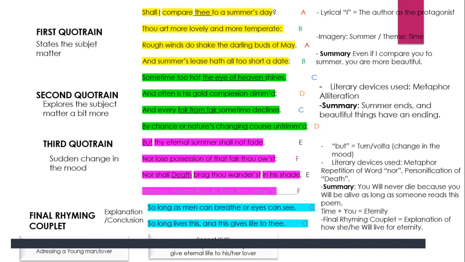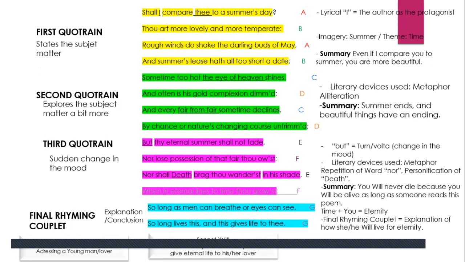And look at what it says after that. So long as men can breathe or eyes can see, while men can breathe, while there is a man alive, as long as there is someone alive reading this, and here it says, so long lives this, and this, the poem, gives life to thee, gives life to you. So this final rhyming couplet is the explanation.